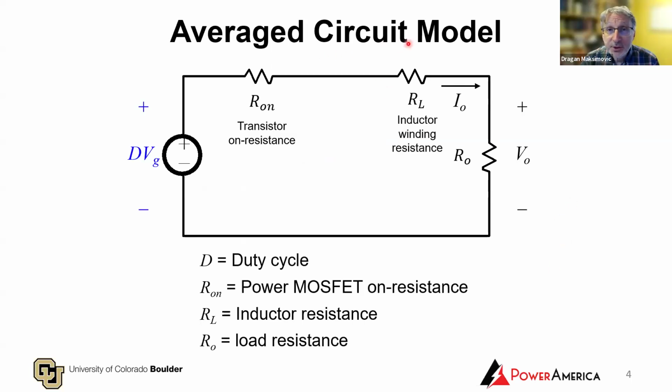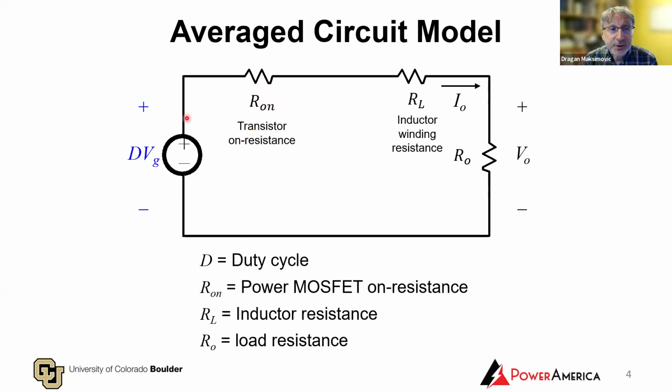So an average circuit model is shown here, where we have either one of the two MOSFETs turned on, represented by an on resistance R-on. We mentioned that when the MOSFET is turned on, it's represented by a small on resistance.